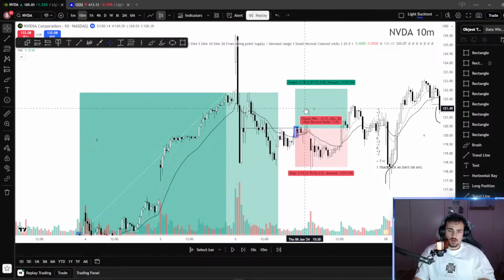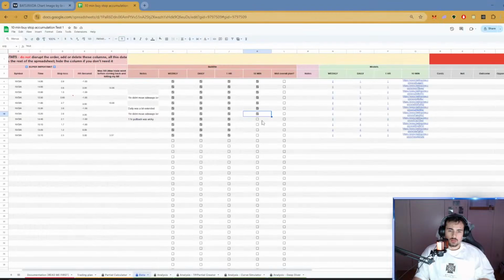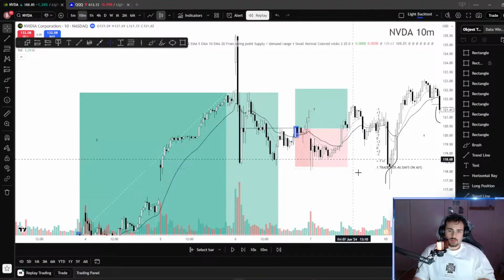Looks like clean area to move upwards. Rules met.